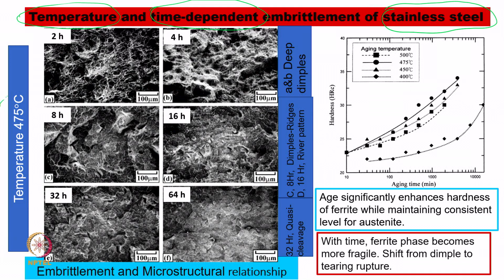What they did, they made a number of specimens, and then they exposed them to a temperature of 475 degrees, which is a high temperature, but much lower than the melting temperature of the stainless steel.